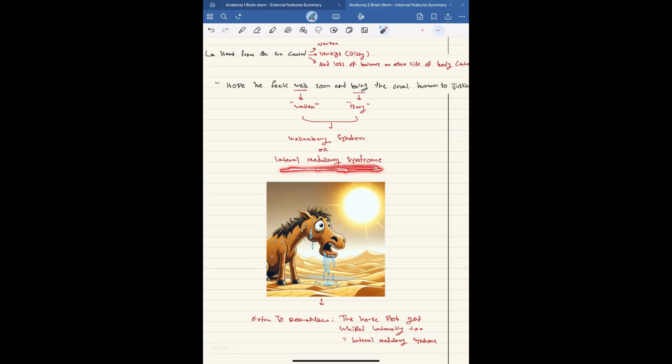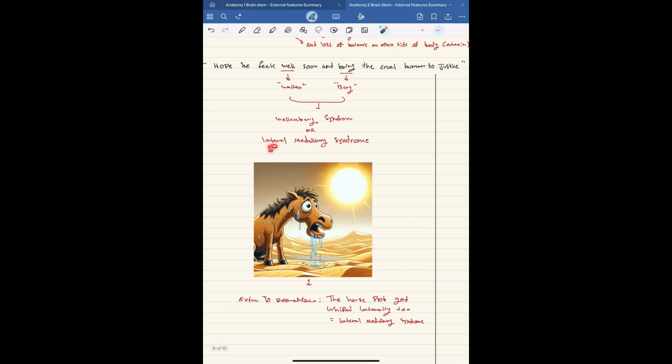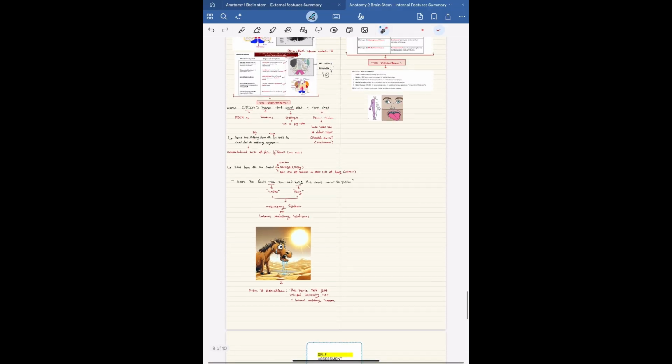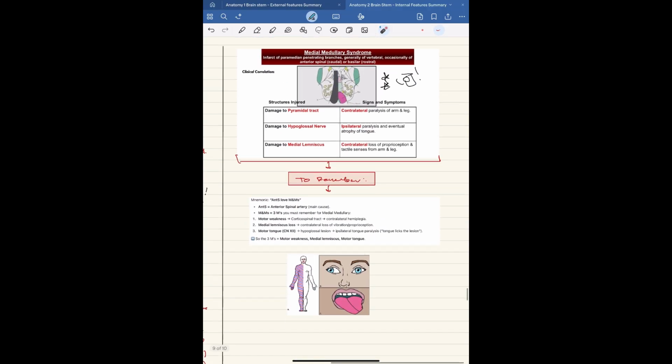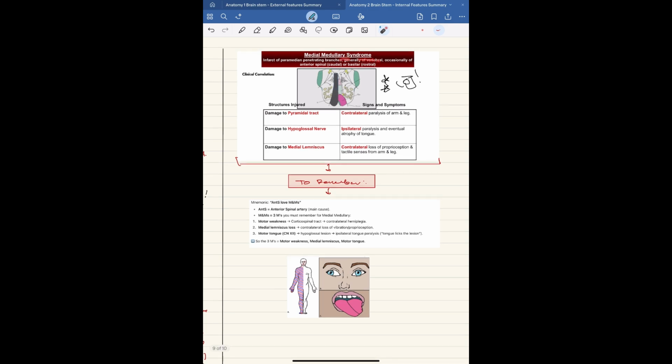Just an additional way to remember it's lateral and not medial: the horse probably got beaten by that cruel guy and he got whipped laterally. So lateral medullary syndrome. And finally, there is medial medullary syndrome.